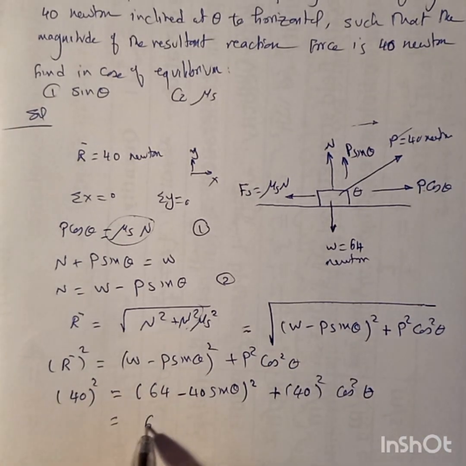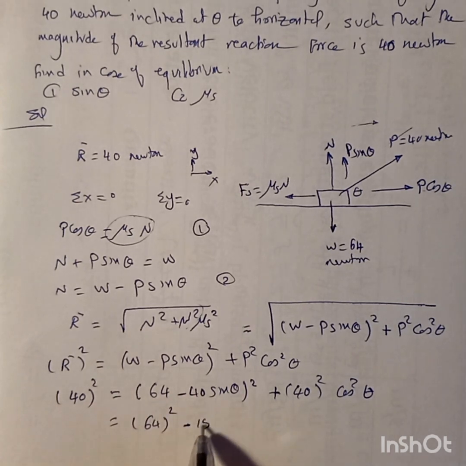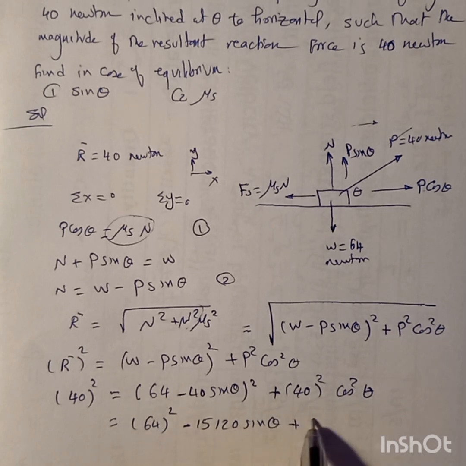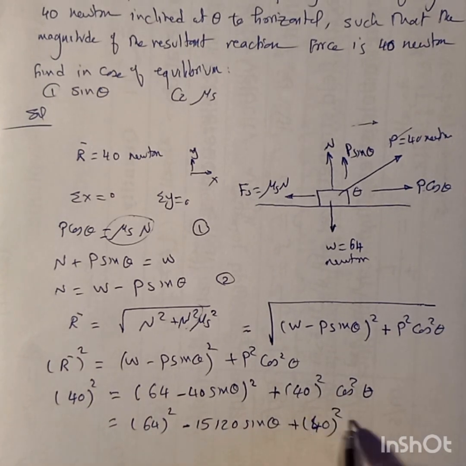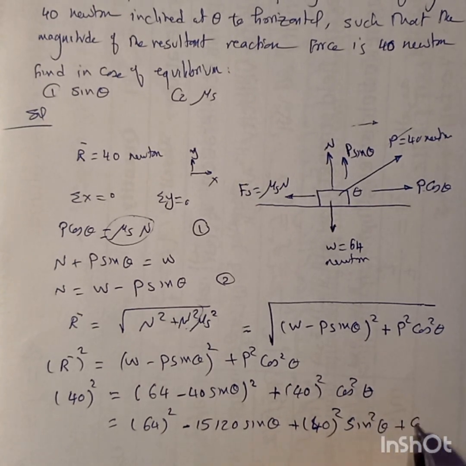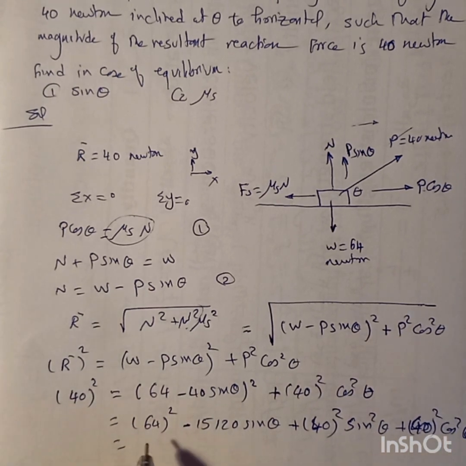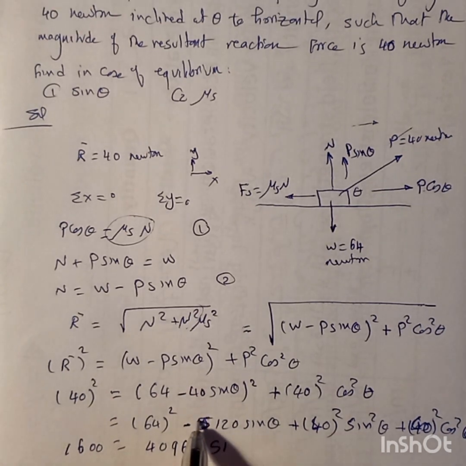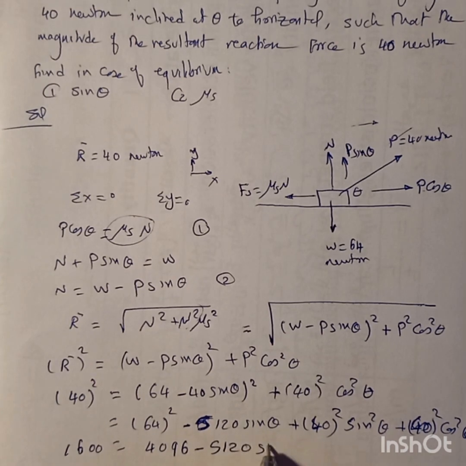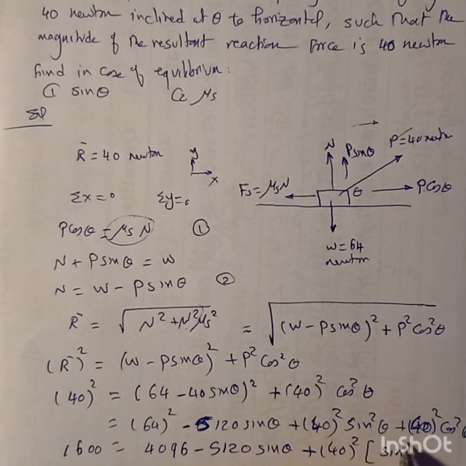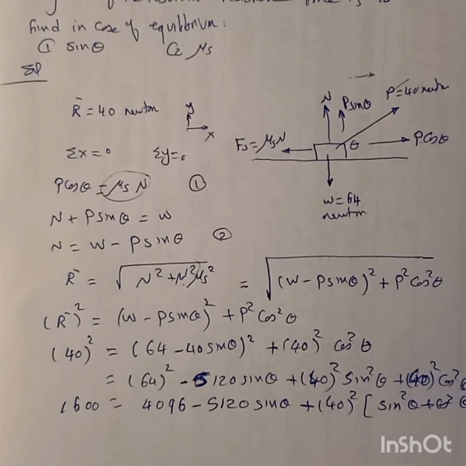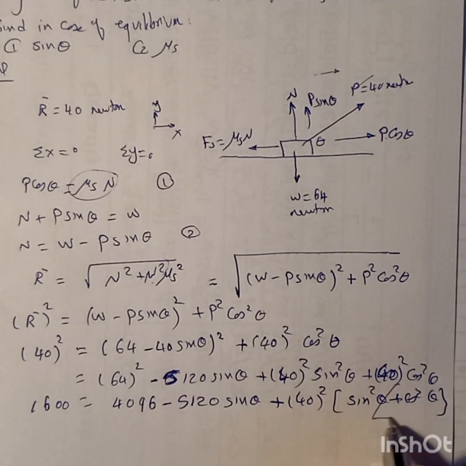Then we have this equals 64 squared minus 5120 sine theta plus 40 squared sine squared theta plus 40 squared cosine squared theta. Then we have 1600 equals 4096 minus 5120 sine theta, plus 40 squared as a common factor times sine squared theta plus cosine squared theta. Then this term equals 1.